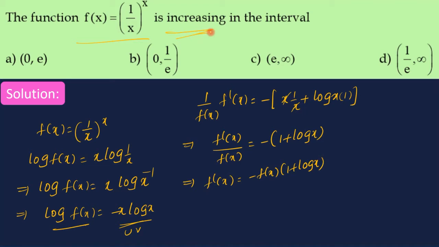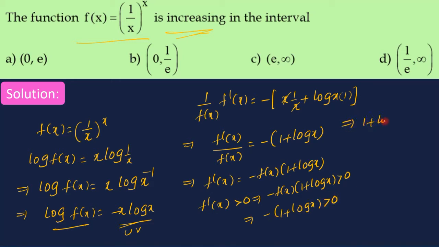Given function is increasing, then f dash of x is greater than 0. This implies minus f of x into 1 plus log x is greater than 0. This implies minus of 1 plus log x is greater than 0. That implies multiplying with minus, we get 1 plus log x is less than 0.